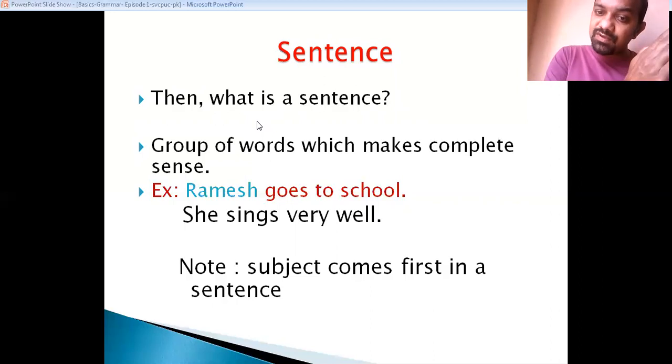Always the subject comes first in a sentence. Ramesh, she, in the sentences here. These are the subjects.